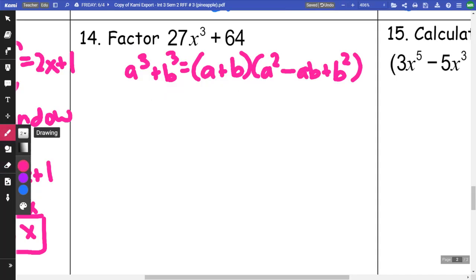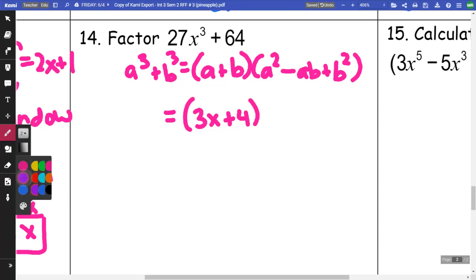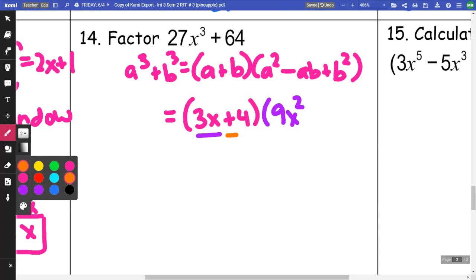So I am going to take the cube root of 27 x cubed, which is 3x. I'm going to take the cube root of 64, which is 4. Now I'm going to square this, which is going to be a 9x squared. I'm going to change the sign, so it's going to be a minus now.